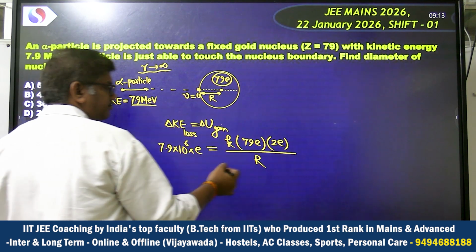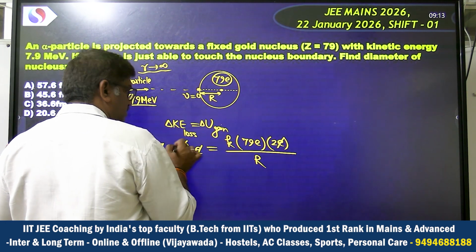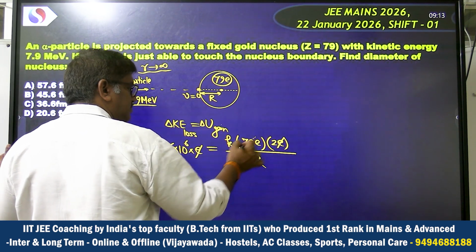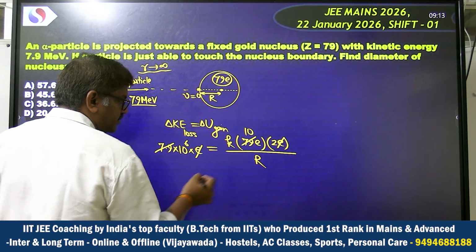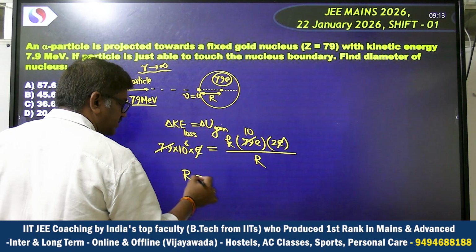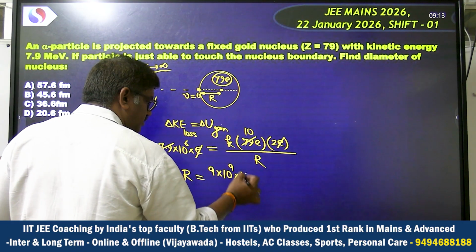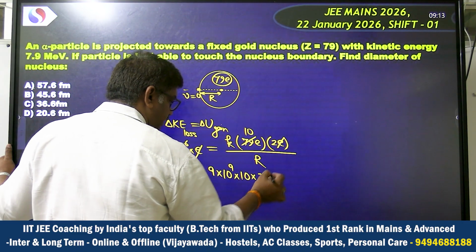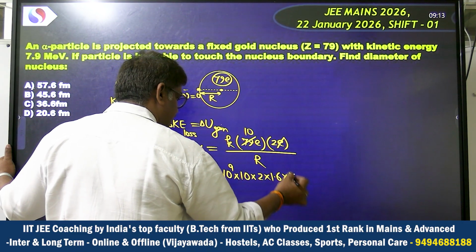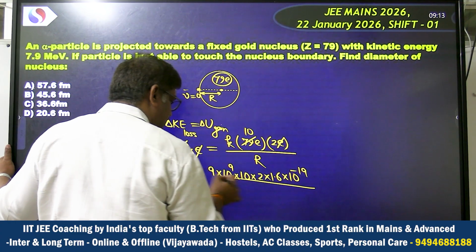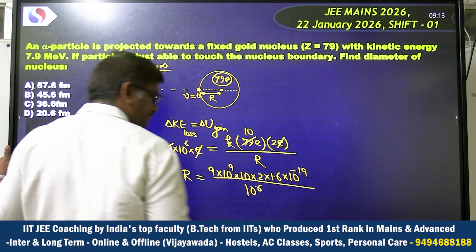Okay, so the e cancels, and this 79 directly gives 10. So R value you are getting as 9 into 10 to the power 9 into 10 into 2 into e, that is 1.6 into 10 to the power minus 19, divided by 10 to the power 6.